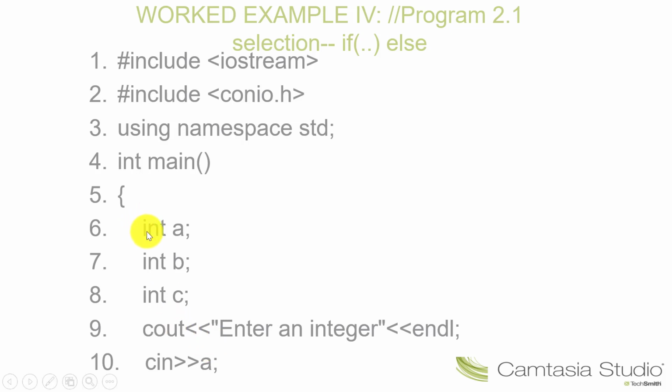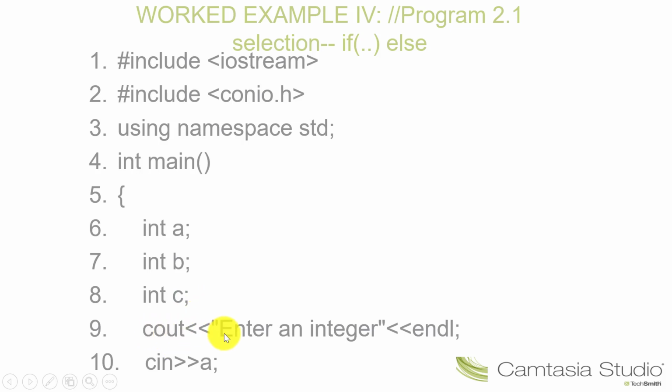Now, at line number 6 is where variable declaration starts. A variable called A is declared, another variable called B is declared, another variable called C is declared. So we have three variables declared in this particular program.